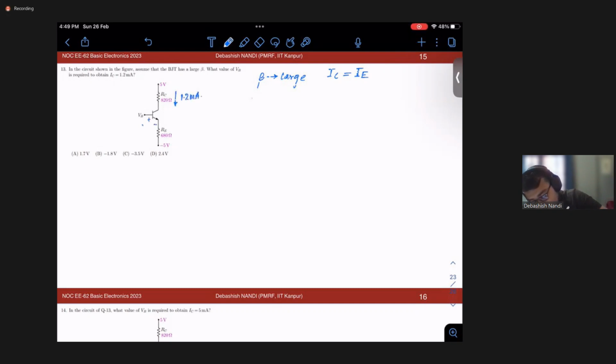This is your 0.7 volt. So VB minus 0.7 minus IE into 0.68, because this is 0.68 kilo ohm, plus 5.